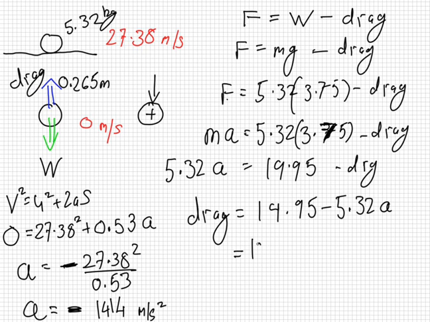So I get 19.95 minus 5.32, and the a here is negative because it's slowing down into the ground. Minus 1414. Okay, so finally what's the answer here then?